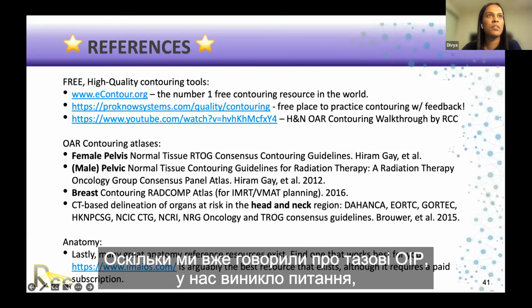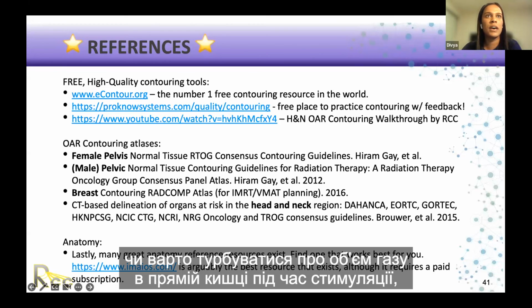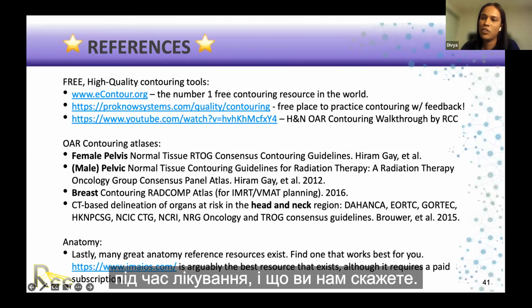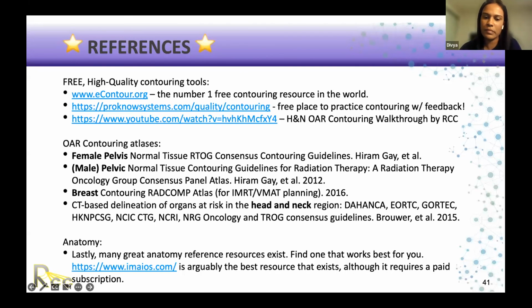Since we covered pelvis OARs last, we've got a question on whether we should be concerned about the volume of gas in the rectum during simulation, considering the fact that the volume of air can change during treatment, and what your take on this is.